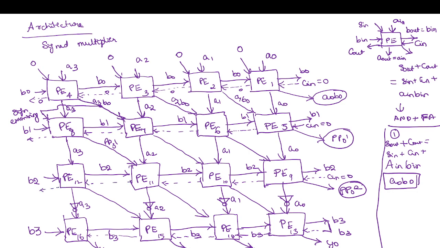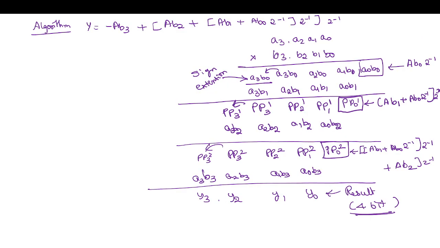Then again for this I need a sign extension, so I will take it from here. And then again for this we need sign extension. I will take it from here. Yes. So this is the architecture for this algorithm.